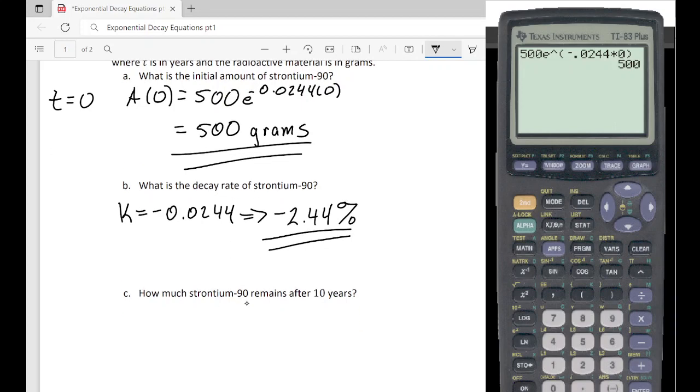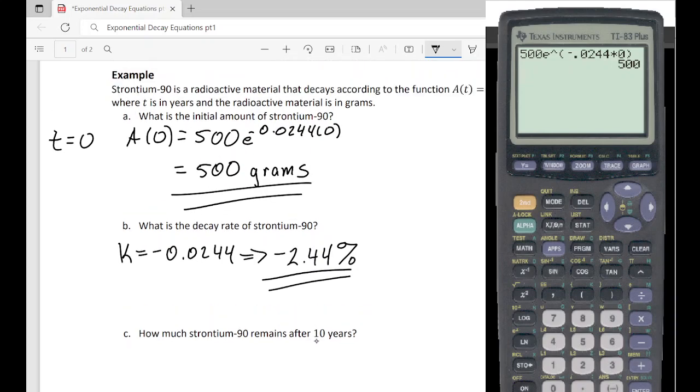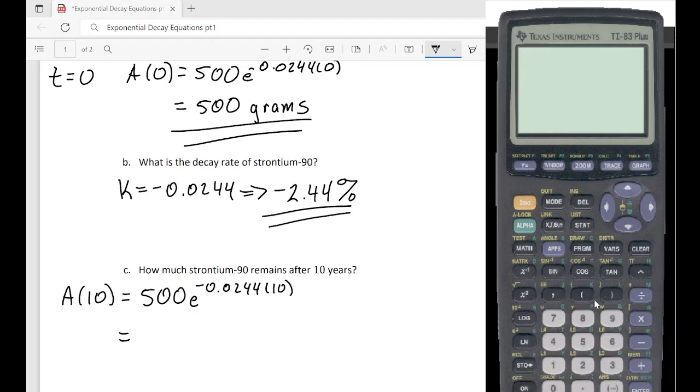Now, how much strontium-90 remains after 10 years? Well, we have our time, which is 10, so I'll just plug in 10 for t. So I'm going to have A(10) equaling 500e^(-0.0244 × 10). Now, unlike the first one, I don't know what this is off the top of my head, so I just let my calculator do the work.